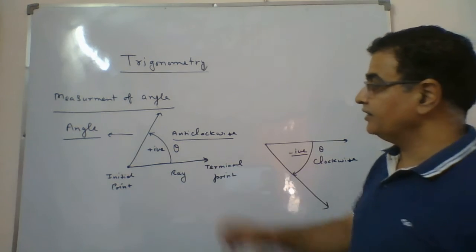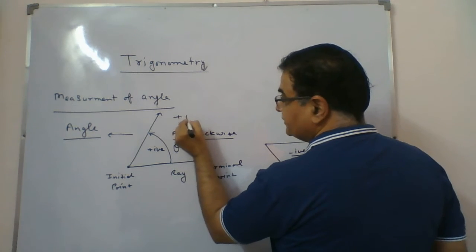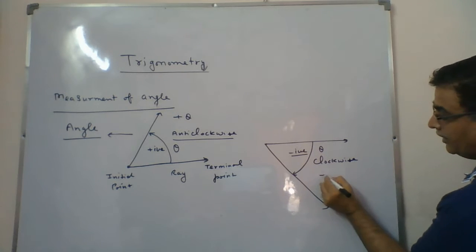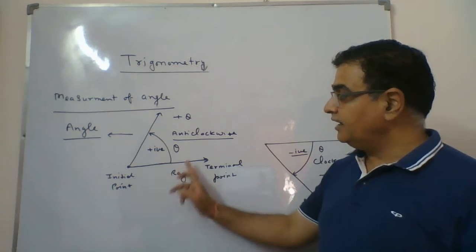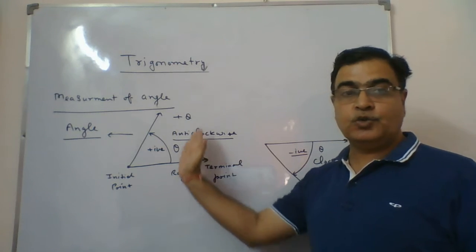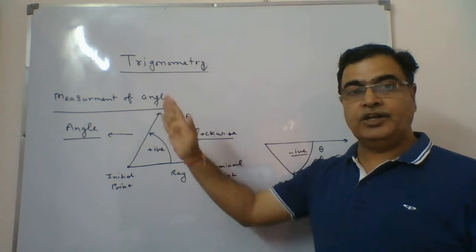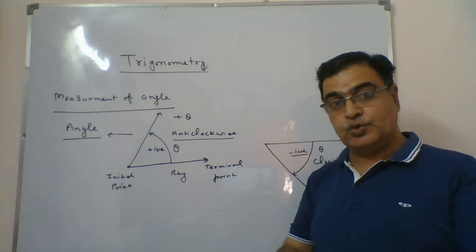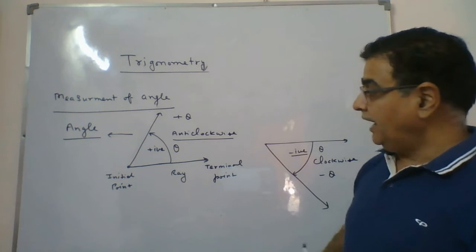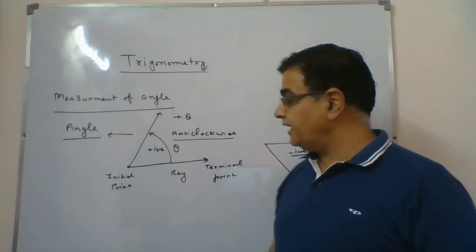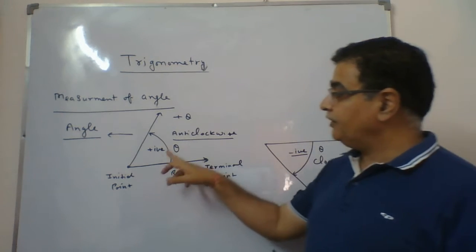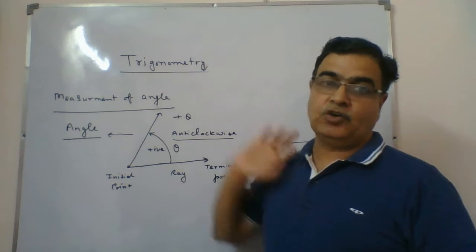So two angles are there: this we call plus theta, and this we call minus theta. An initial ray is there; you rotate it, either clockwise or anti-clockwise, and whatever new structure forms will be the angle. If the rotation goes in clockwise direction, it will be minus. If it is positive, it means anti-clockwise direction.